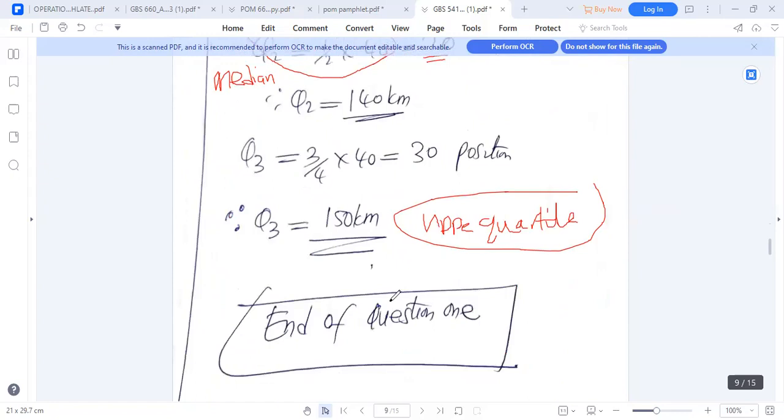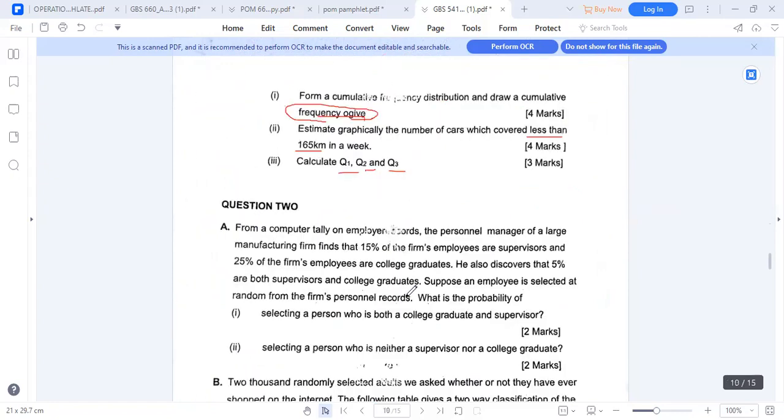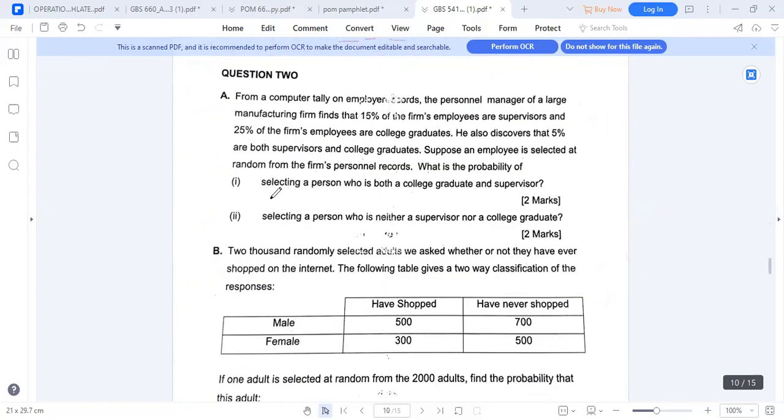We can get to question 2 now. Question 2 says from a computer tally on employee record, the personnel manager of a large manufacturing firm finds that 15% of employees are supervisors and 25% of employees are college graduates. He also discovered that 55% are both supervisors and college graduates.